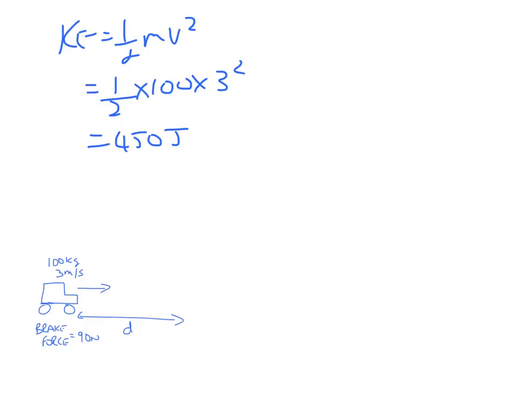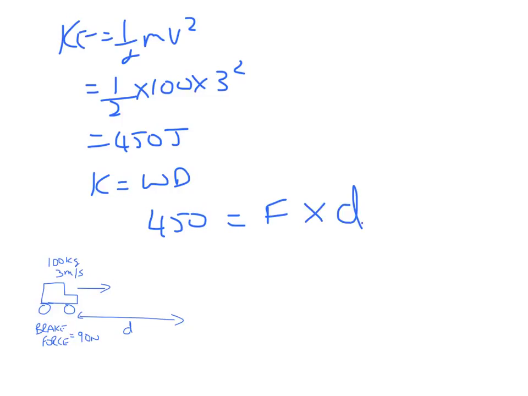Now, when the brakes are applied, we've got a braking force of 90 newtons. What we're going to do is transfer this kinetic energy into friction energy to stop the car. So the kinetic energy goes into work done against friction, because we're braking the car. So kinetic energy is 450 joules, which equals the force of friction by the brakes, let's ignore the tire friction at the moment, times the distance.